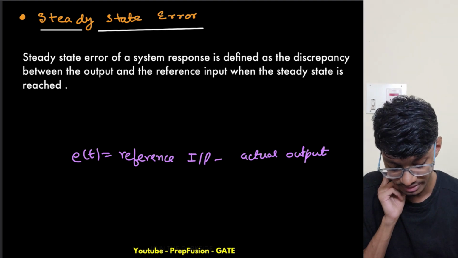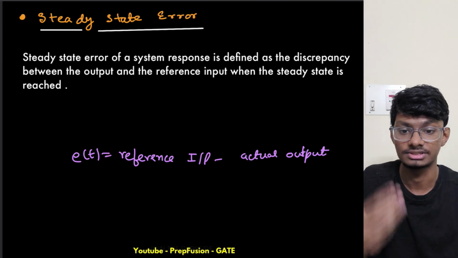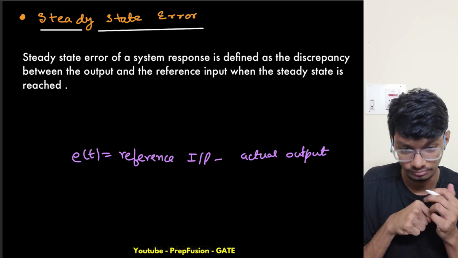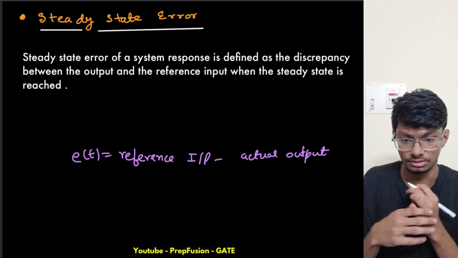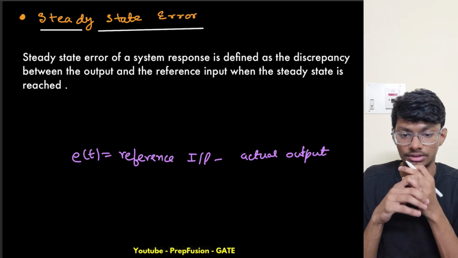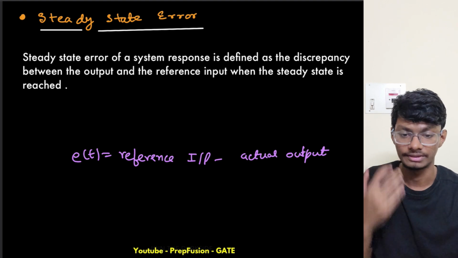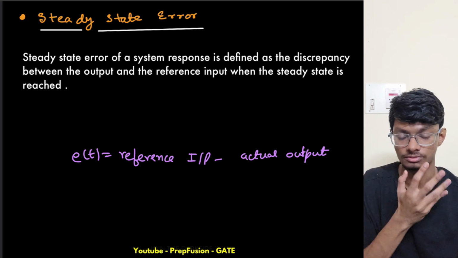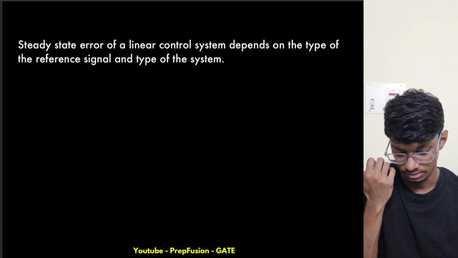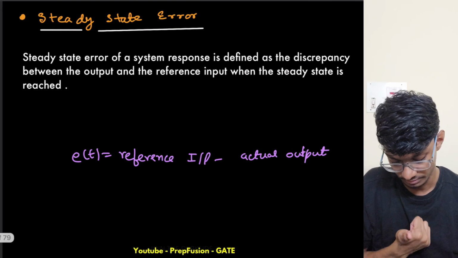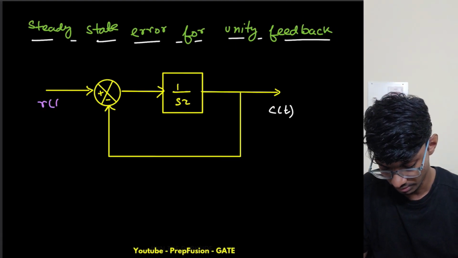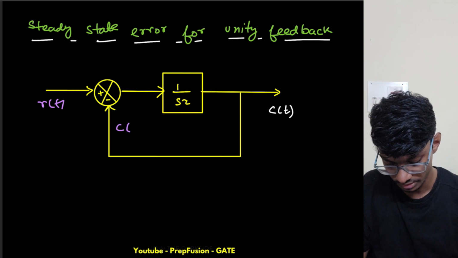Now this reference input is not constant, it changes. The reference input is basically what the output is tracking. I will explain it further when we study the steady state error. For now, for a unity feedback system, this is my reference input and C of t is coming over here.